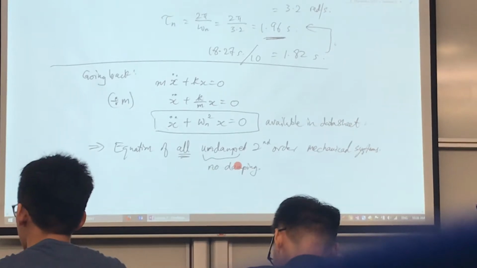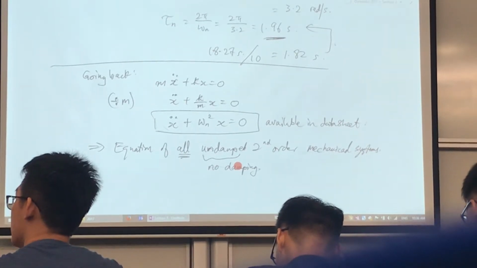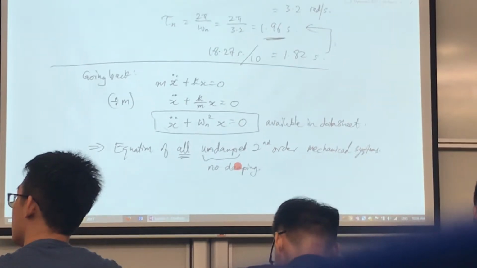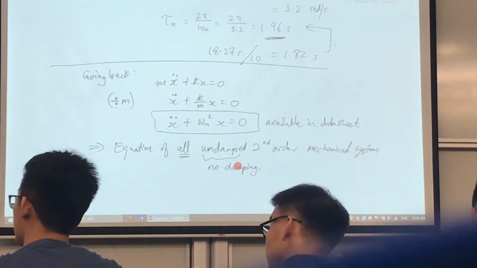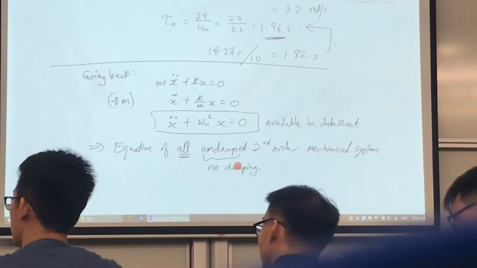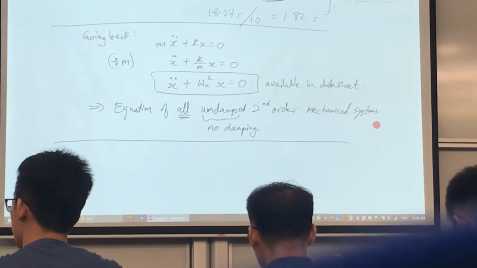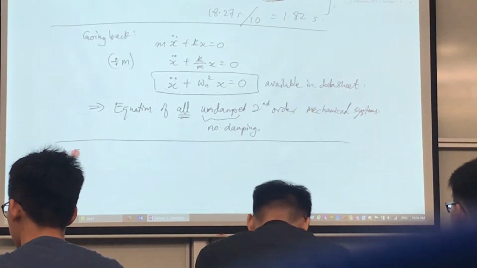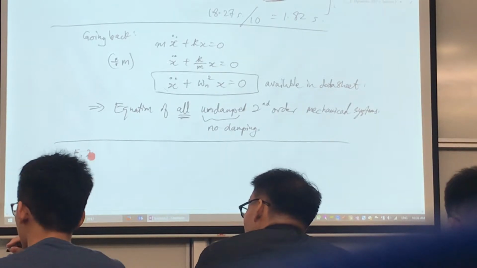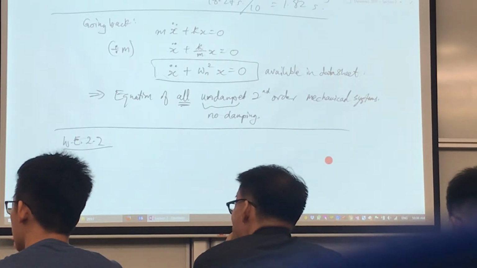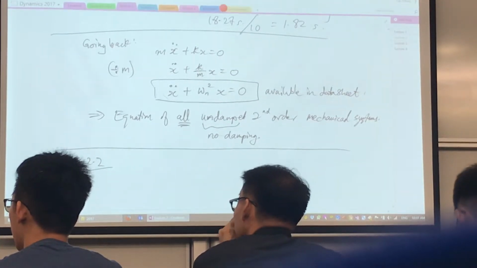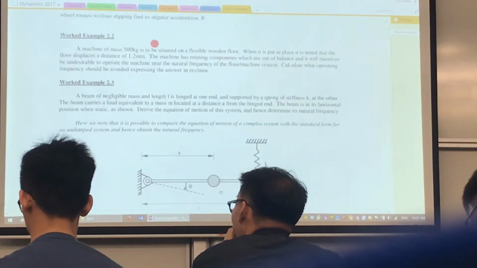So now you feel safe. This world is a controlled world. They follow certain kinds of mathematical law. Let's have a look at an example. I'm going to write it as WE, in this case 2.2. What is WE? WE is your work example.